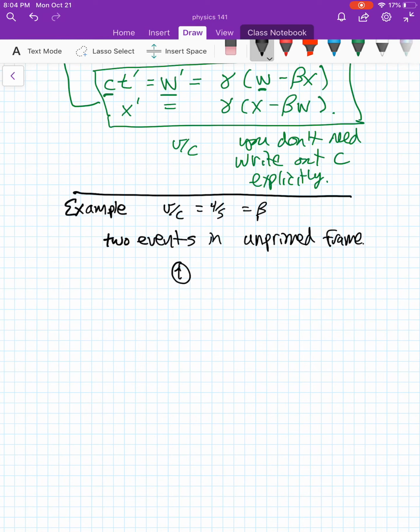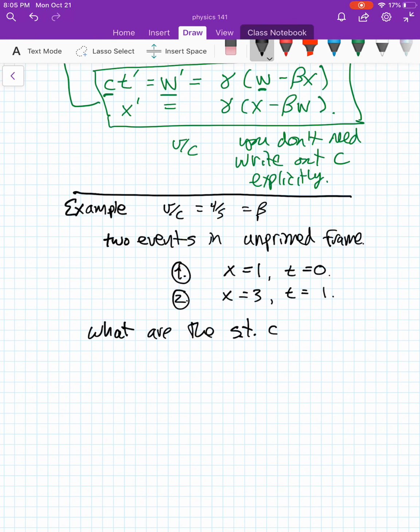Event 1 has coordinates x equals 1 and time equals 0, and event 2 has coordinates x equals 3 and time equals 1. We want to know the space-time coordinates in the moving frame, which is moving with respect to this unprimed frame with a speed of v over c equal to 4/5. In other words, we want to know x prime and t prime for both those events.